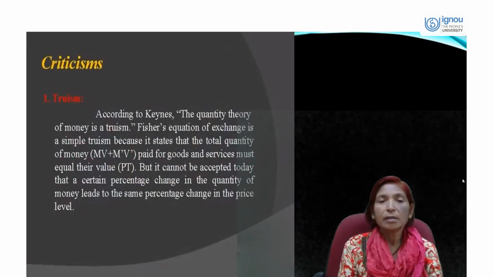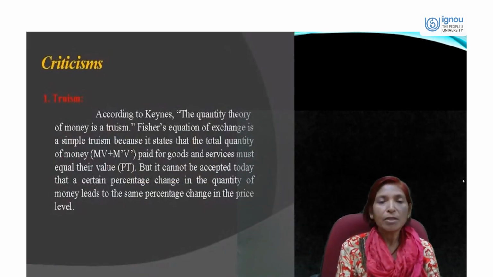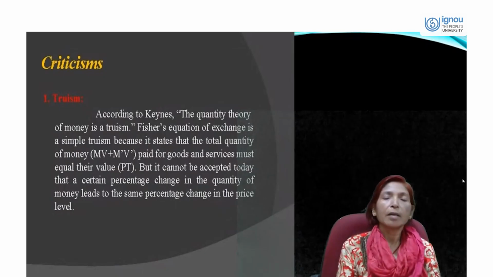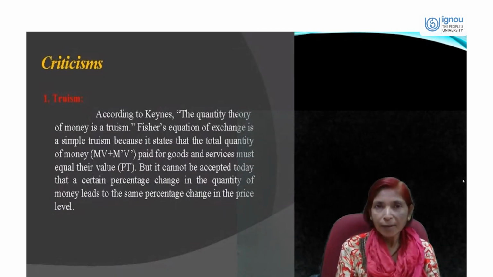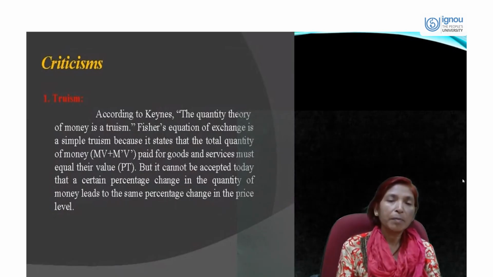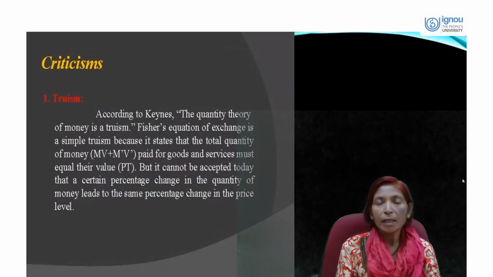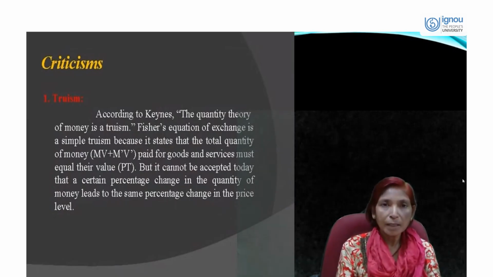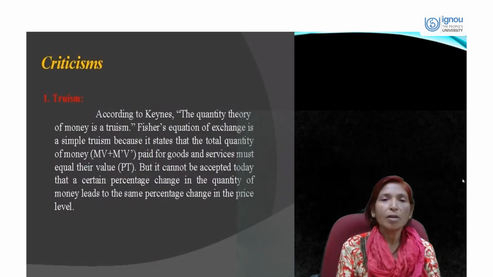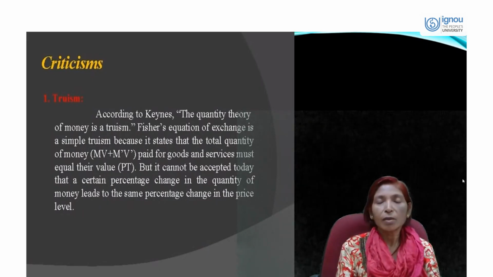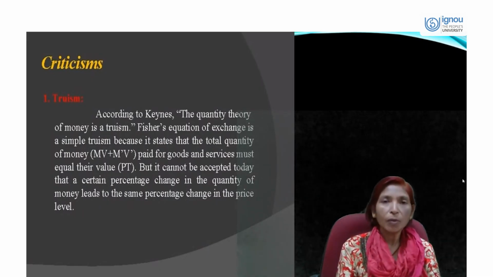Next, Fisher's theory is based on unrealistic assumptions. Fisher assumed that transactions remain constant, demand for money remains constant, and price is a passive factor. And Fisher multiplied M into V. M is related with money supply, which is a stock concept, and V is related with velocity of money or circulation of money, which is a flow concept.